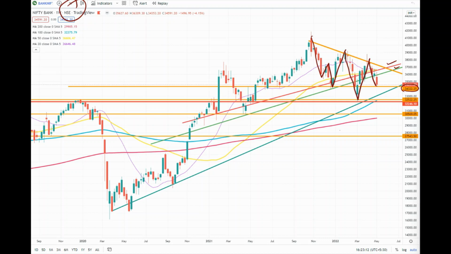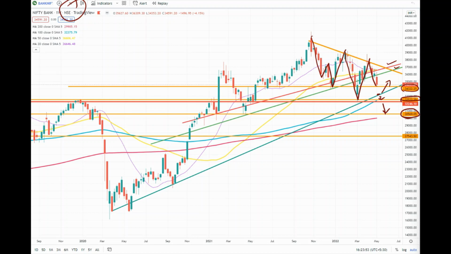You may see Bank Nifty testing this level and bouncing, or you may see a breach of this level, 32,522, and going further down till this level on a weekly time frame. It may not happen exactly tomorrow or in a day or two, but over a period of 2 to 4 weeks, you may see either reversal or breakdown of this level and moving towards 30,569 if the trend continues.